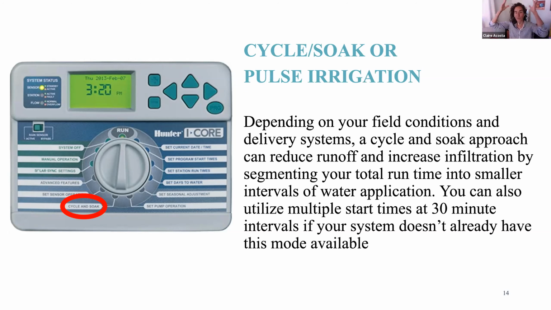A 2-inch rain in 2 hours is going to be almost purely runoff, right? So we want to mimic that, that kind of pulse irrigation, we call it. So again, it's breaking it up into several days and applying the full cumulative amount of inches that you want to achieve for the space, right?